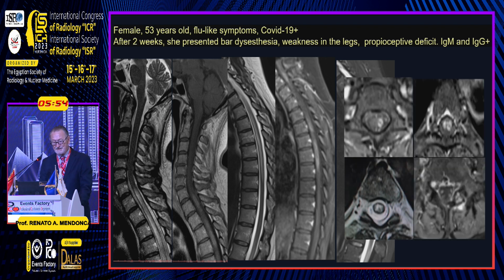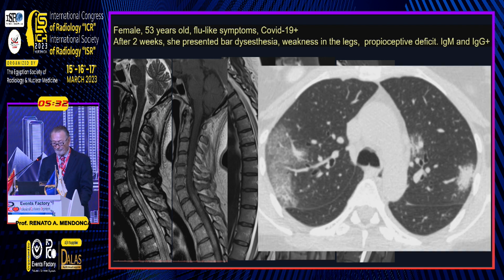The lesion is central, the involvement is central, so this was viral involvement by COVID-19, as far as we can consider, because we have the positivity of COVID-19 in the CSF. And these are the findings in the lungs that we all know. Unfortunately, we are used to this.